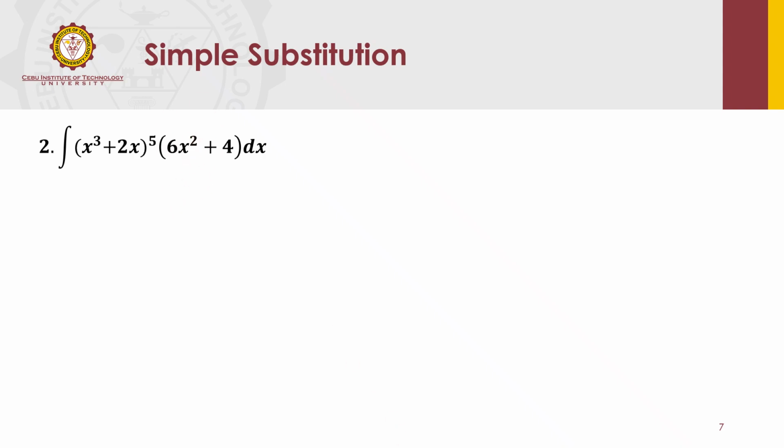So we let u be x cubed plus 2x. So our du is 3x squared plus 2. And be careful, put a set of grouping symbols for writing the x.